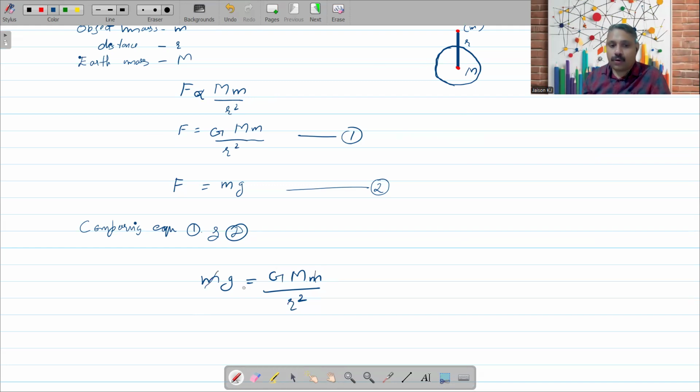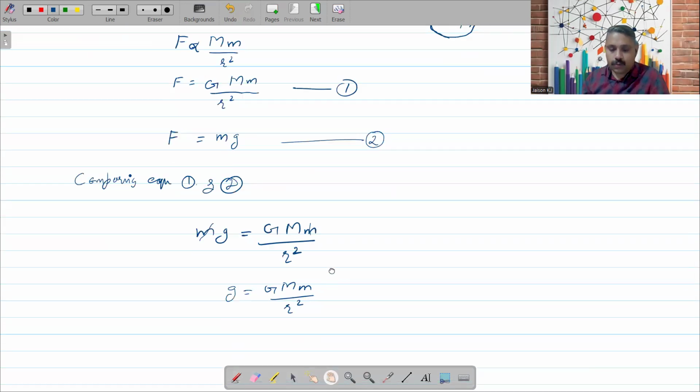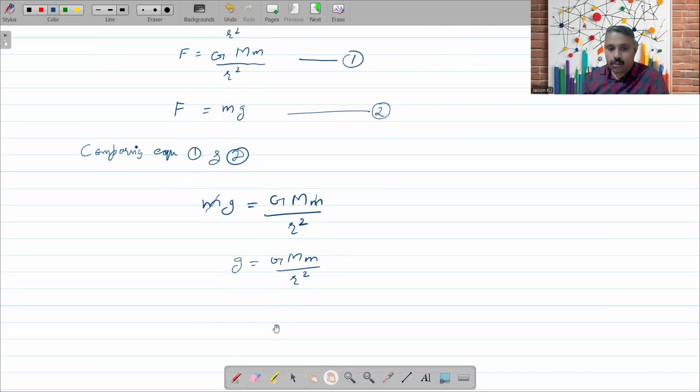So what are we getting? We are getting g is equal to G M divided by r square.